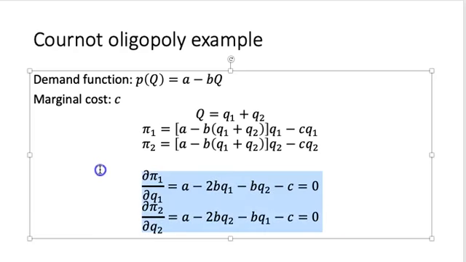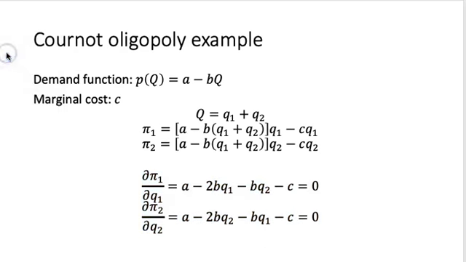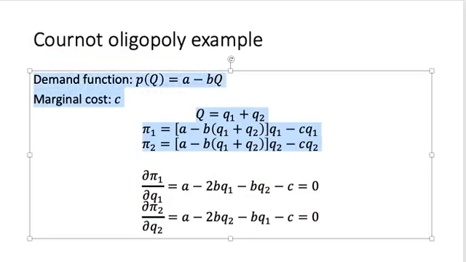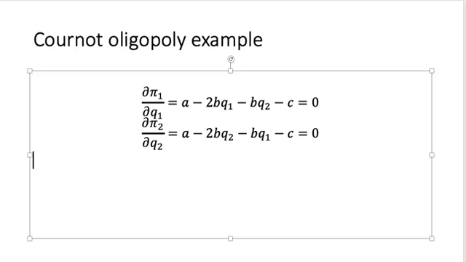So these are the optimal conditions. Now we're going to solve for Q1 and Q2, which will give the respective reaction functions for both firms.